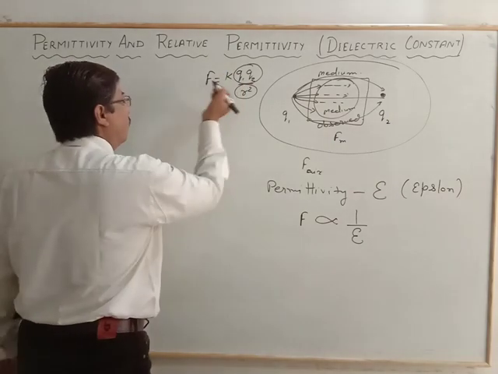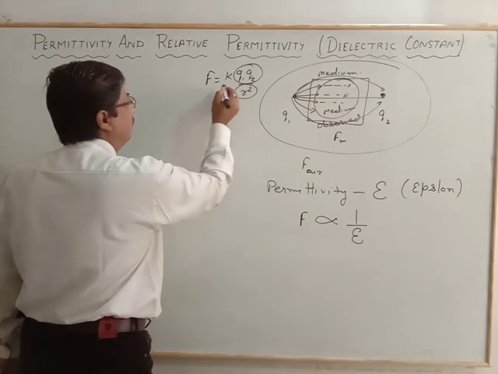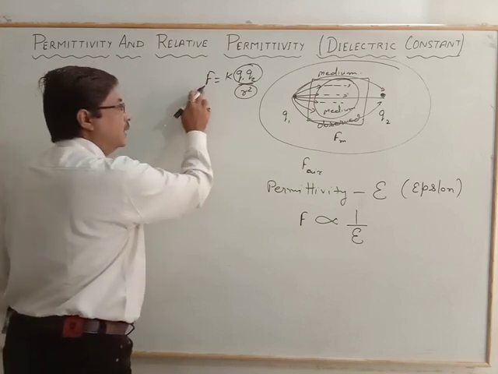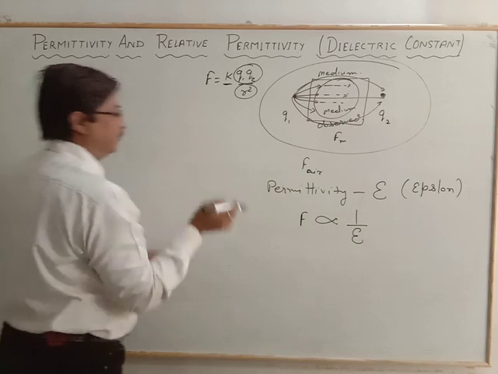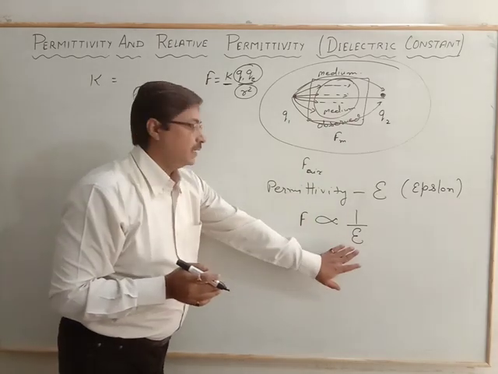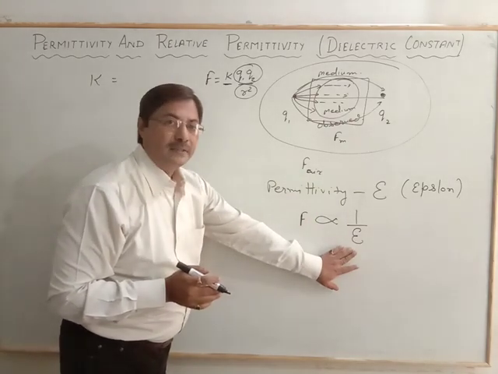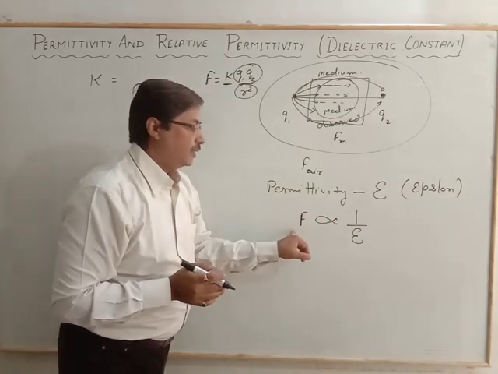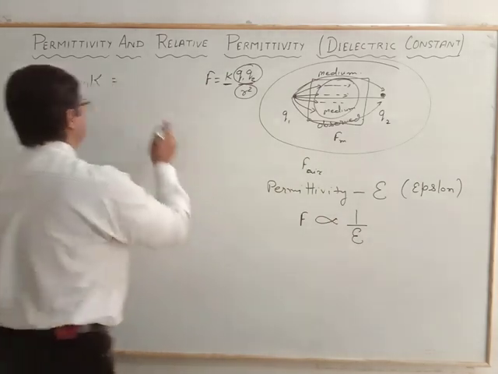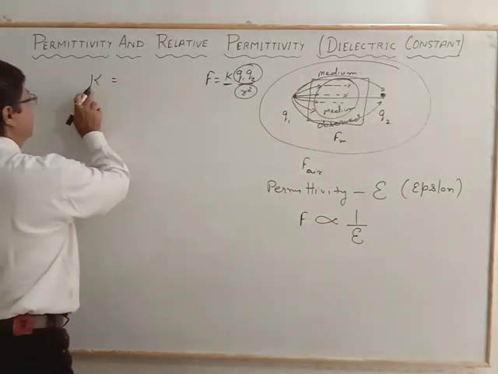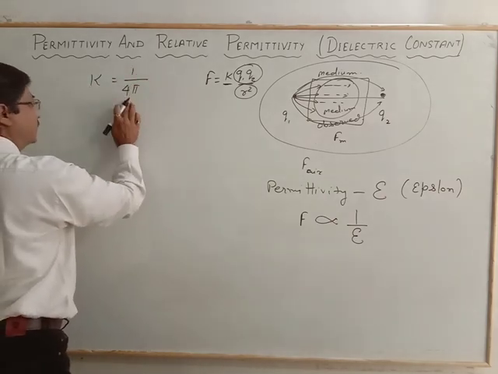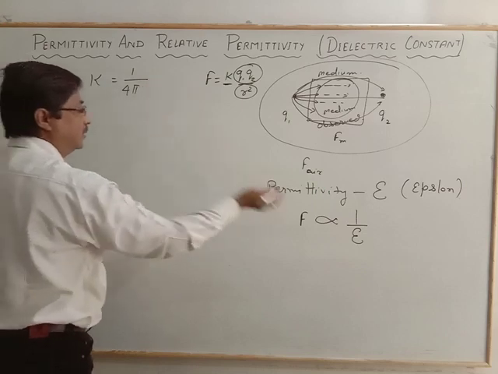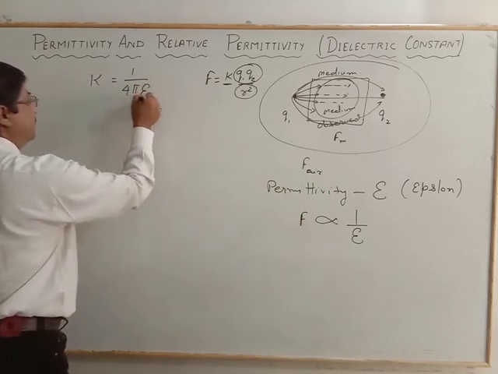So what factor is responsible for the change of the force? That factor is K. We come to know that epsilon is the factor which changes the nature of the force. So we come to the conclusion that K is equal to 1 by 4 pi, which is another constant factor, and epsilon.